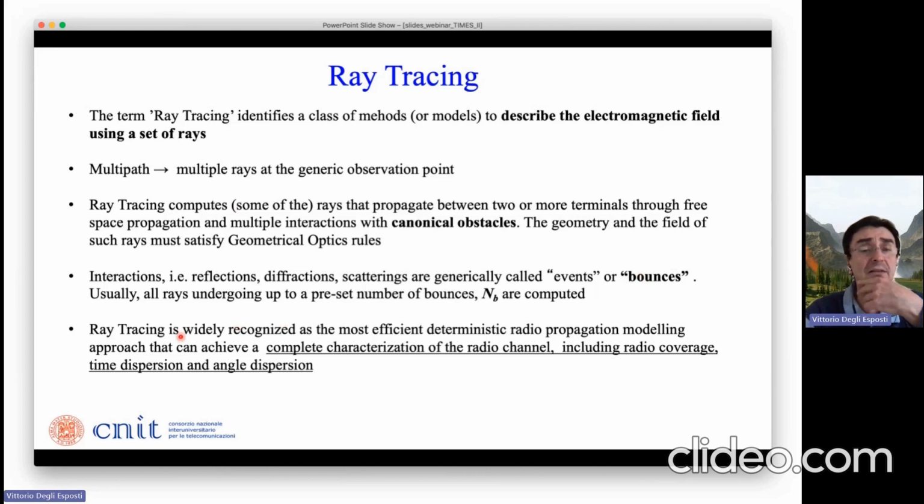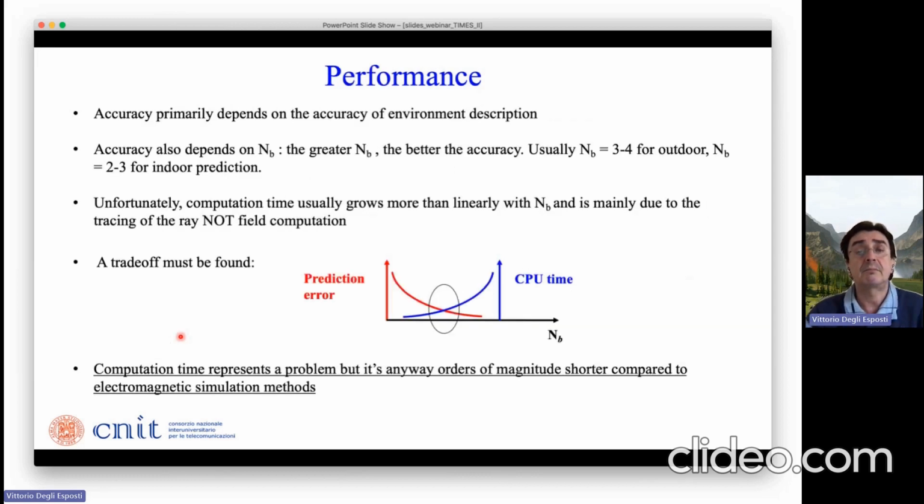So ray tracing is widely recognized as the most efficient deterministic radio propagation approach that can achieve a complete characterization of propagation and therefore of the radio channel, including radio coverage, but also time dispersion, angle dispersion, etc.